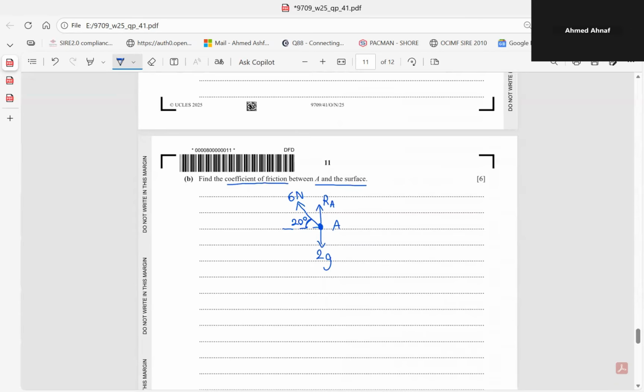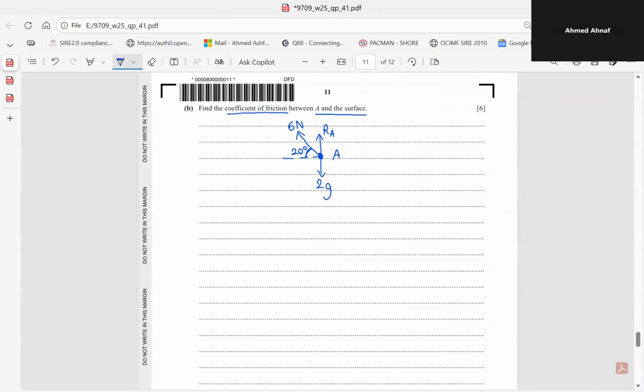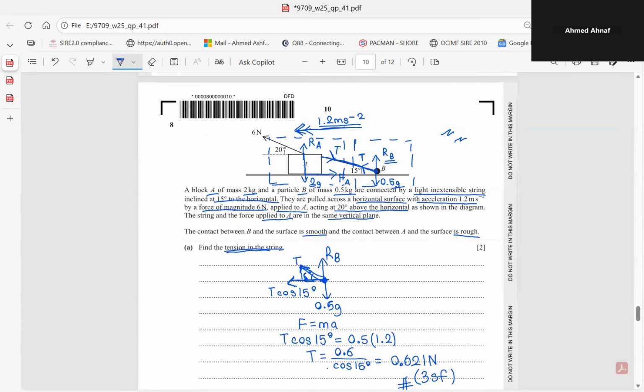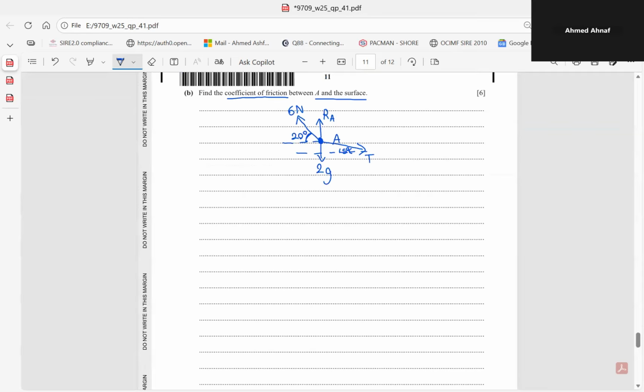And then, of course, the tension T, the pulling force at 15 degrees. And lastly, we have the friction, FA. So these are all the forces that are acting.